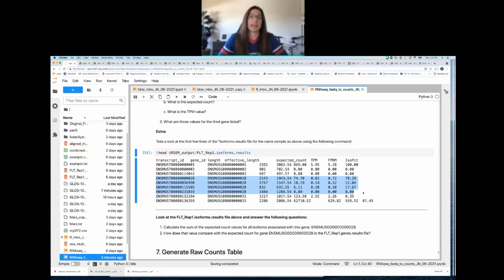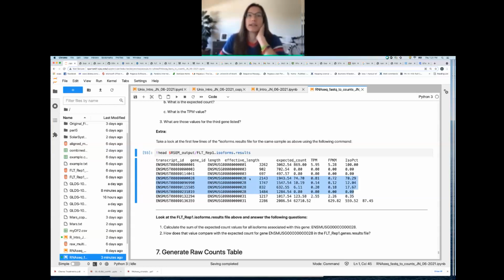Could you reword that question? Yeah, of course. So what I want to ask here is, this gene 28 has 4 different isoforms. And isoforms are represented as different transcripts. So 4 different transcripts, each one of these transcripts is an isoform of gene 28. And what I was asking is, what are the counts?